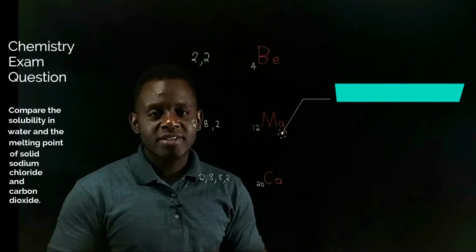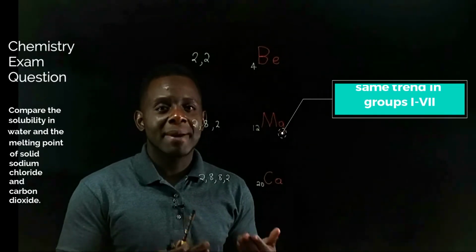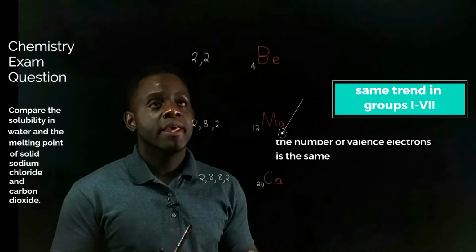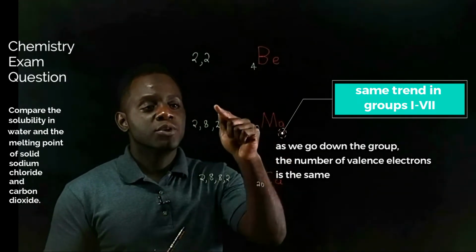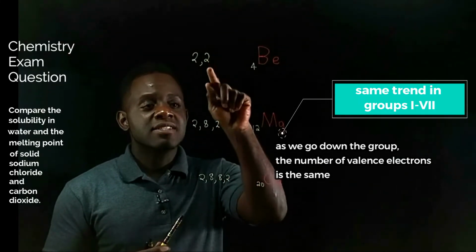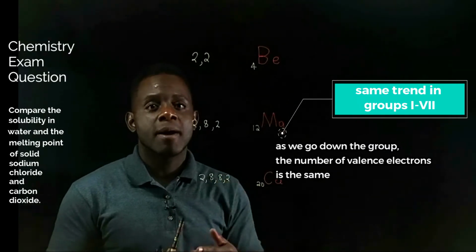We are noticing already a trend with the alkaline earth metals, the group 2 elements. And that trend is, as we go down the group from top to bottom, the valence electrons are the same in terms of amount.